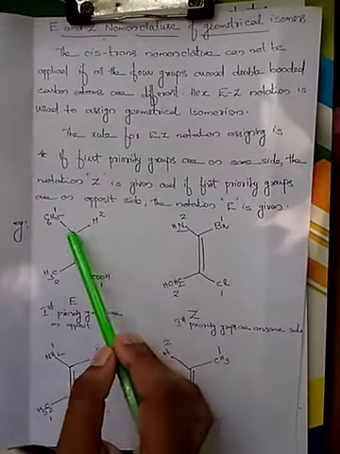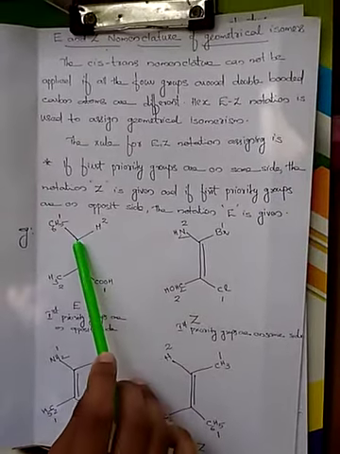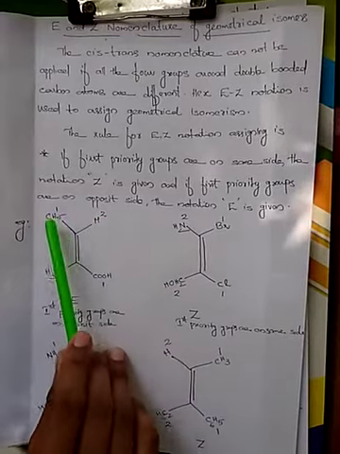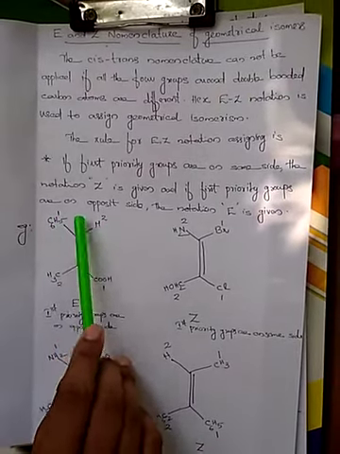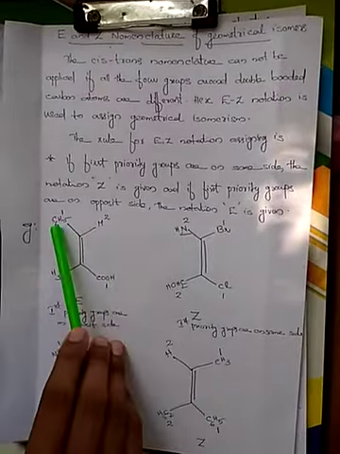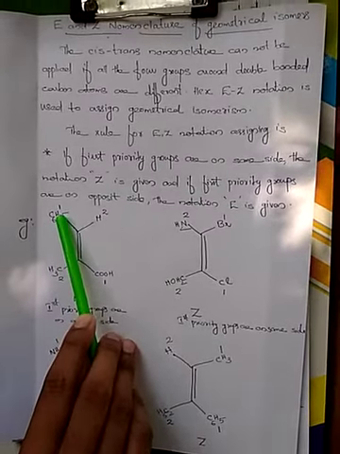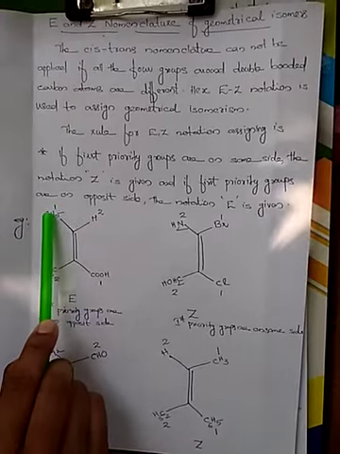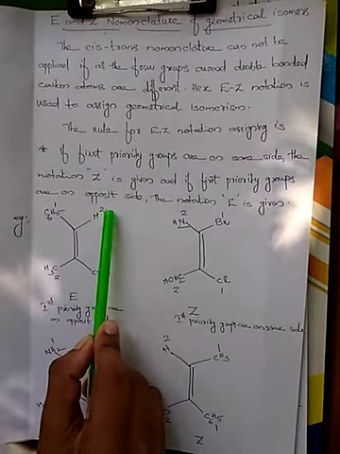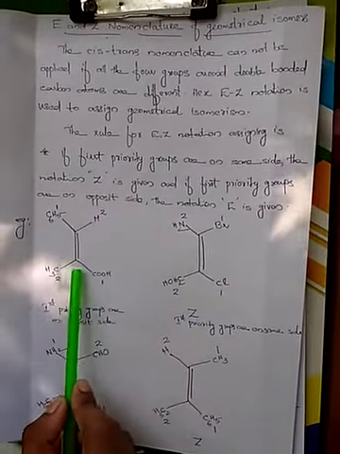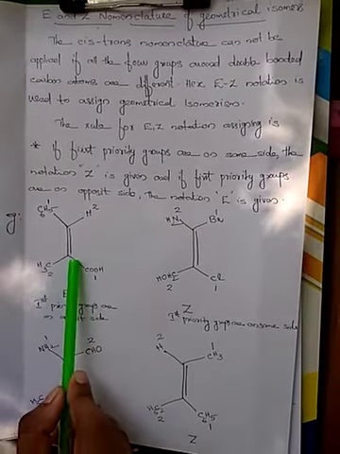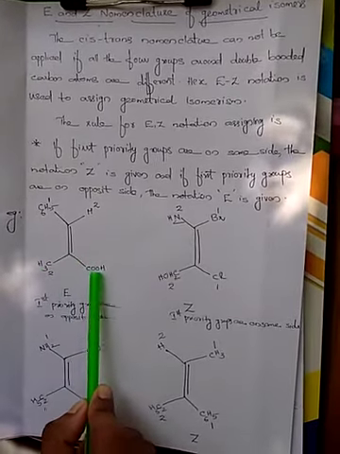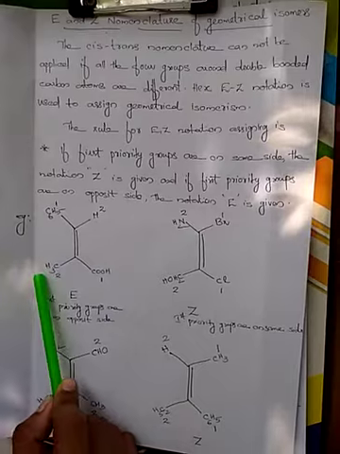You look at this example. Carbon-carbon double bond. For this carbon atom, the two substituents are hydrogen and a C6H5 group. You know that C6H5 has higher molecular weight than hydrogen. So we give priority number 1 to this, and second priority is hydrogen. In the same way, on this carbon atom, the two substituents are COOH and CH3.